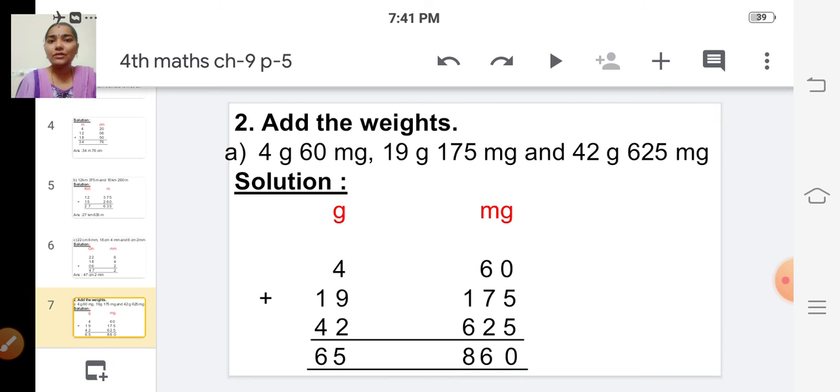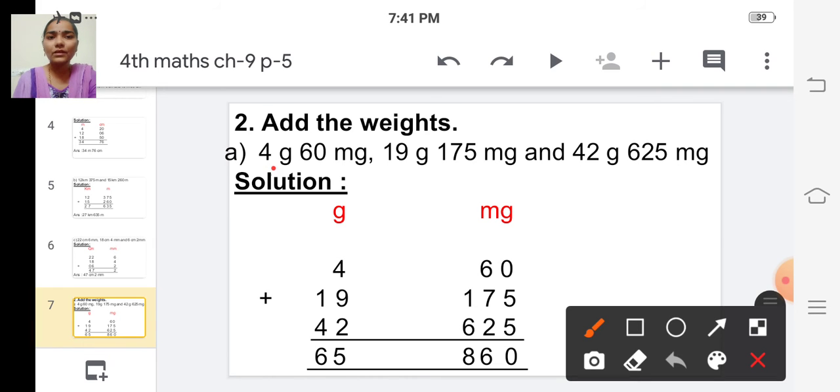So first what we have to do? We have to write the units separately. Okay. So what are the units they have given in this problem? Gram, milligram. Here also gram, milligram. And the third weight also gram and milligram. So only 2 units they have given.